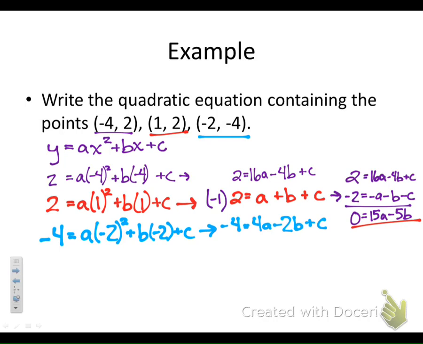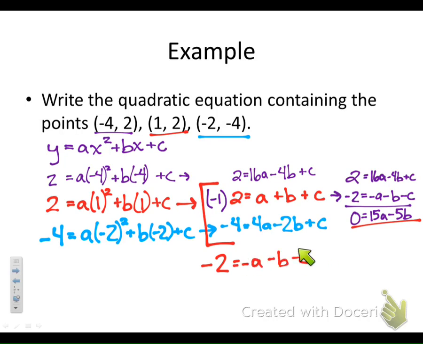Now I'm going to pick 2 new equations, probably the second 2, and eliminate C again. You eliminate the same variable twice. I'm still going to keep the -1 being multiplied by the entire equation, so I'm going to write it below here. That middle equation becomes -2 equals -a minus b minus c.